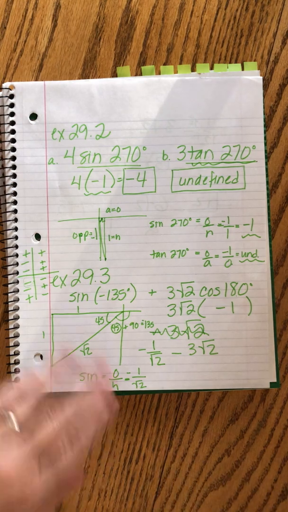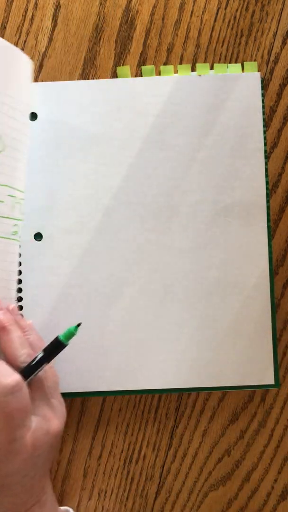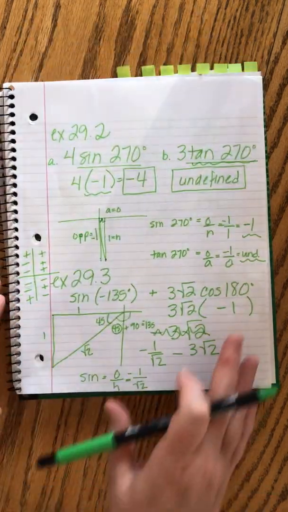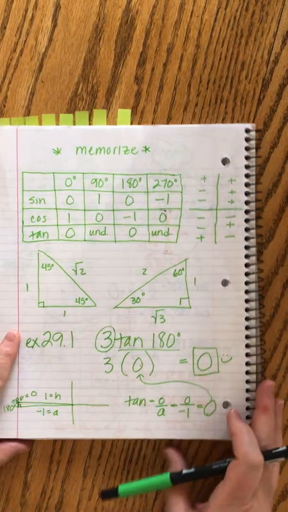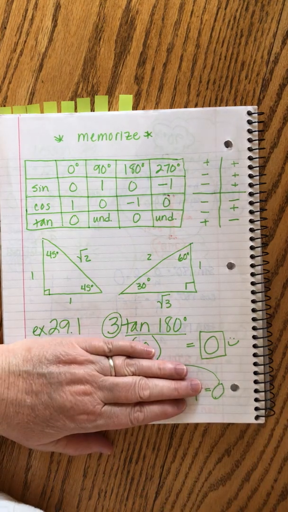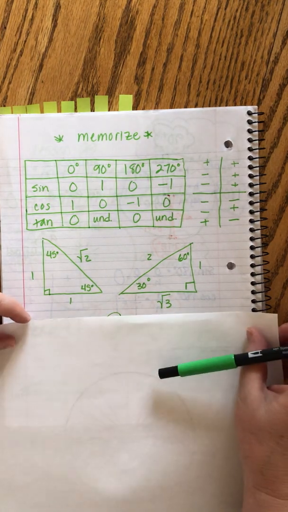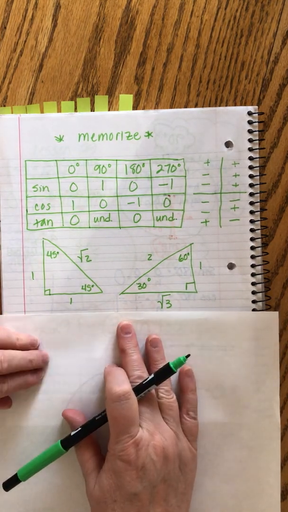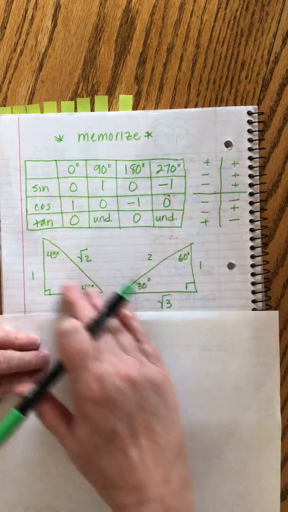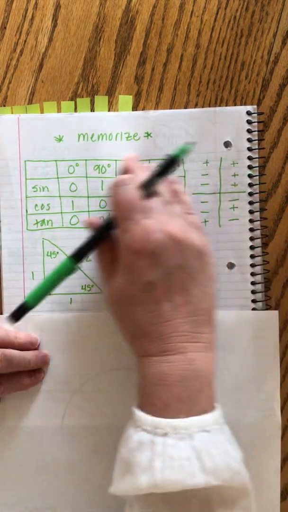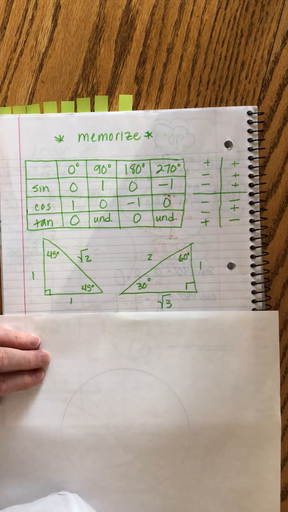All right? So, I think that's all. Yeah, 29.3. That is the end of this lesson. So I just want to put you back to this page. Let me cover this up. I want you to really work on memorizing these 4 pieces of information that we've been looking at.